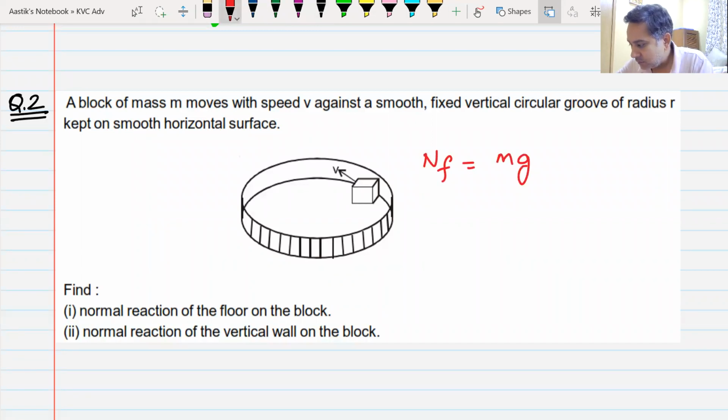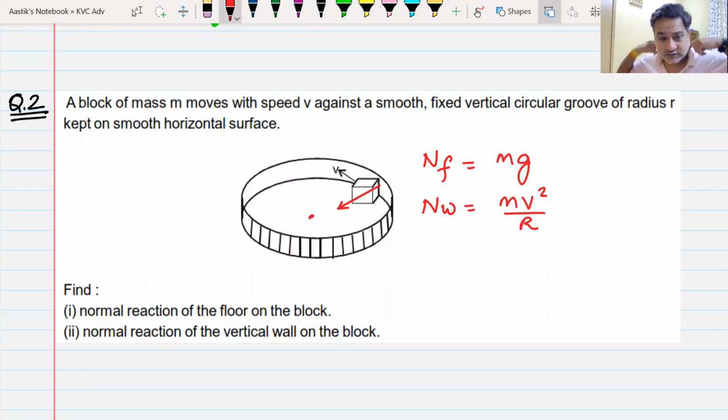Well done. What is the normal reaction due to the wall? mv square by r. Remember, it is because of this normal reaction, which is acting like this, that it is moving in a circular path. Do we understand this? Yes, sir. Sure? Yes, sir. Well done.